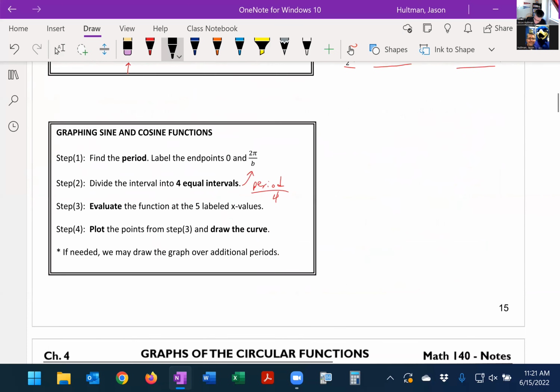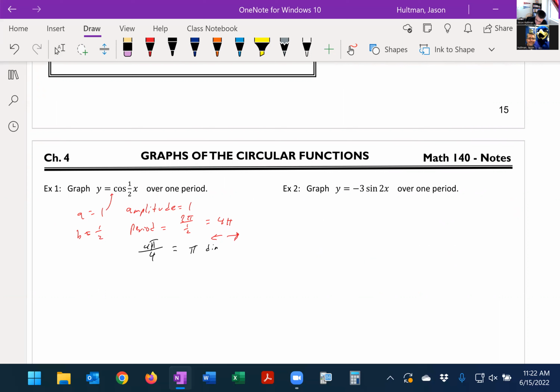So we want to divide the period, which is 4 pi, by 4, and that's going to give me divisions or intervals of pi units. So pi divisions. Instead of going up by pi over 2s, we're now going to go up by pi's. That's the only change here from the original function.